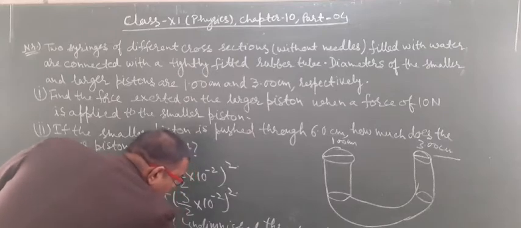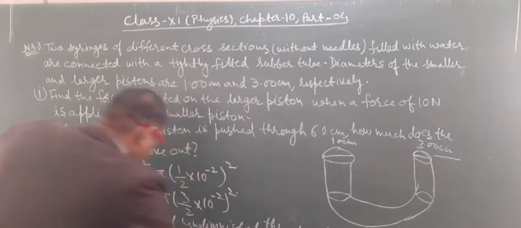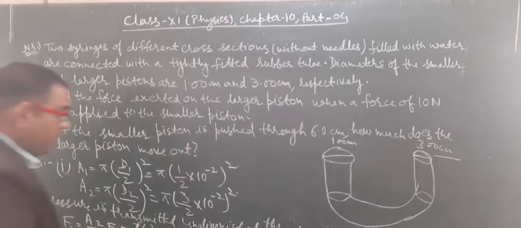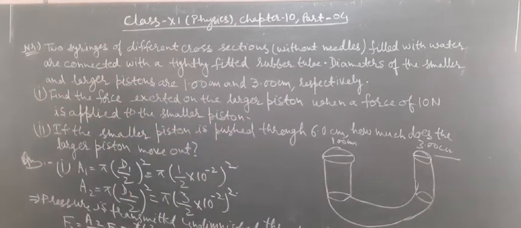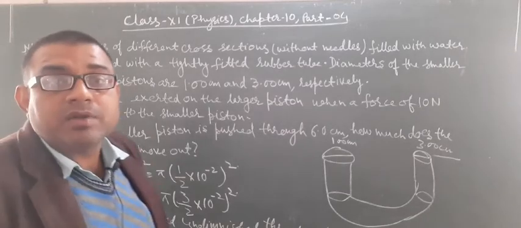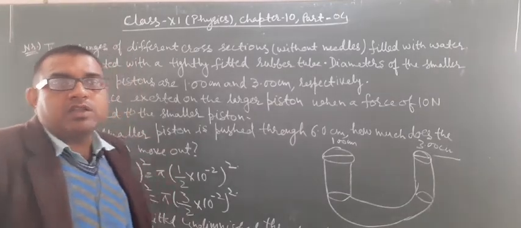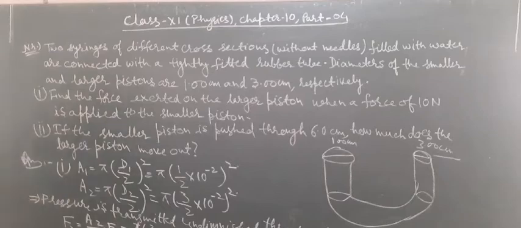The 4s cancel out, and it will be equal to 9 into F1. Means whatever force you applied on the smaller section, that force becomes 9 times.